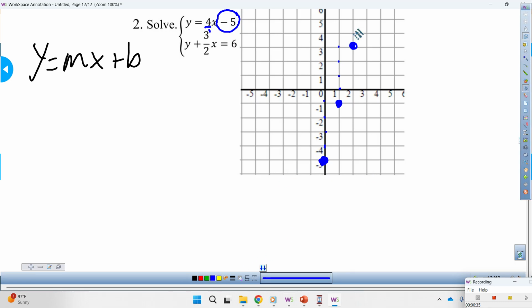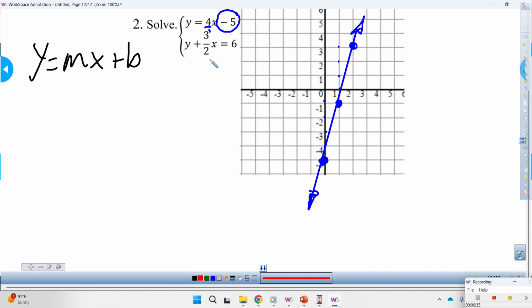So I'm going to graph my line, nice and straight. And arrows at the end to indicate that it keeps going.